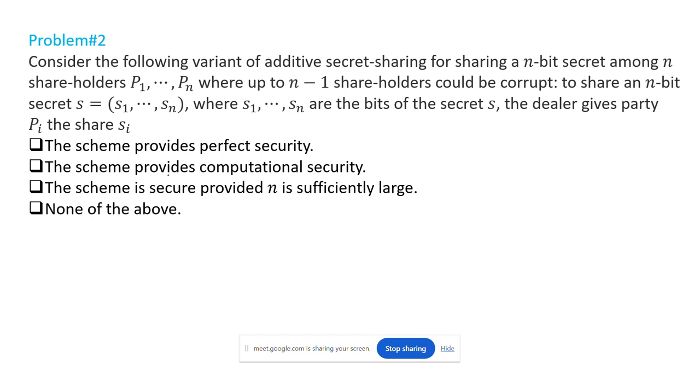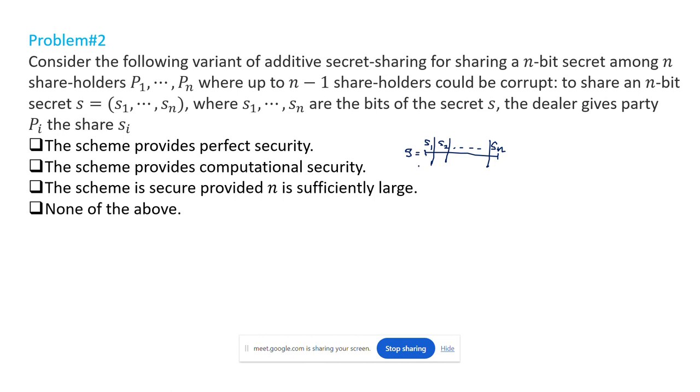So basically what is happening here is that you have some secret information S which can be converted to a binary representation of n bits. So you have an n-bit binary representation of this secret. Each bit is marked as S1, S2, and so on, till Sn.